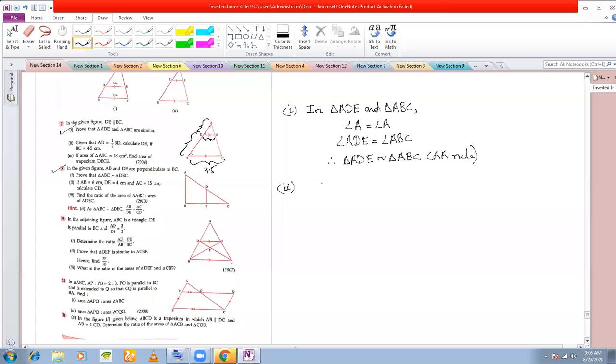So first we'll write the proportional sides. Therefore you have this angle equal to this angle also, and you have the blue angle.